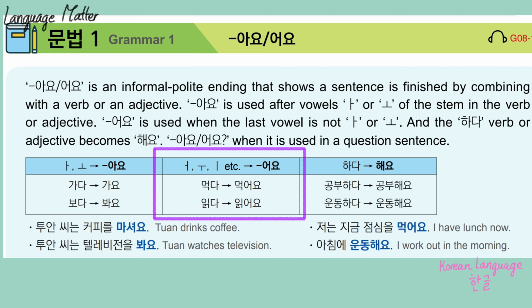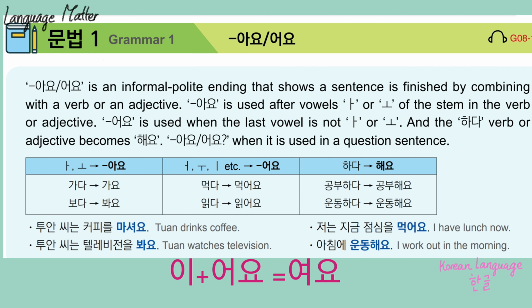However, if the verb has o, u, i, or e, use oyo instead. Usually, these verbs keep their vowel in the same syllable with the oyo added at the end. However, i plus oyo makes yoyo. If there is a consonant in front of the i vowel, keep the vowel there instead.